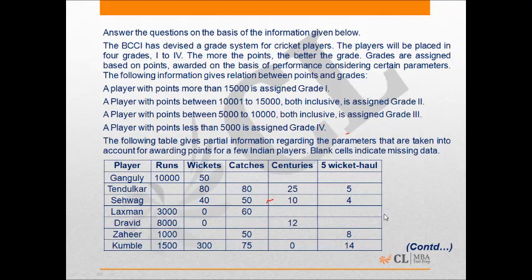From the table, it can be seen that the total runs scored by Ganguly is 10,000 and wickets taken by him is 50. Similarly, we can see the total runs scored by Lakshman, that is 3000, and total centuries scored by Dravid, which is 12.